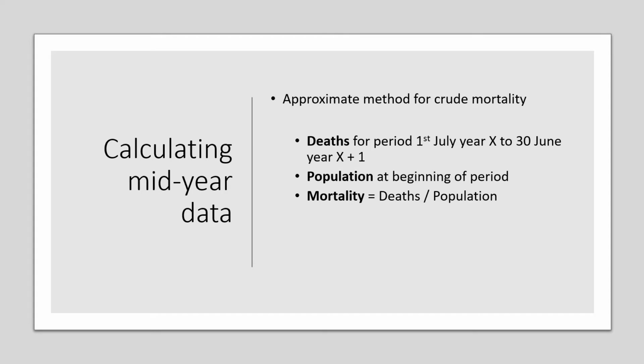So in order to show this problem more clearly, I'm not going to use calendar year data, I'm going to use mid-year data. That is, I'm going to calculate from the 1st of July on a given year to the 30th of June on the following year in order to calculate a mid-year to mid-year mortality. And for simplicity, take the population at the beginning of that period. So look at the number of deaths over this period and divide by the population at the beginning.